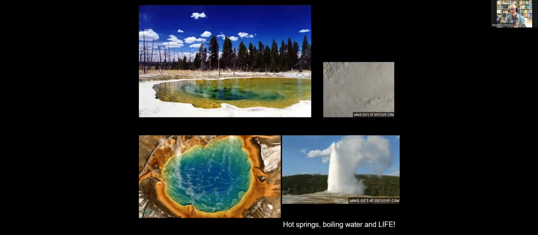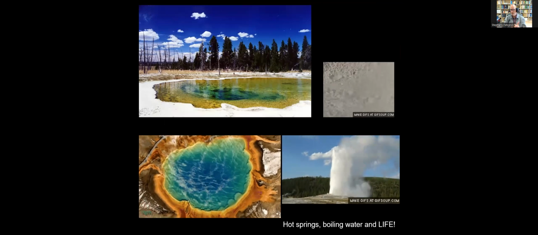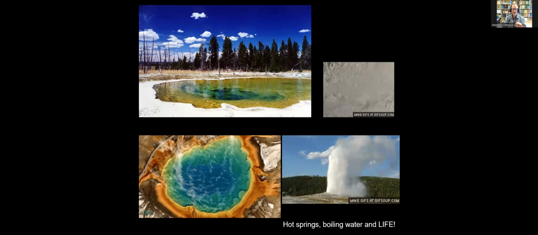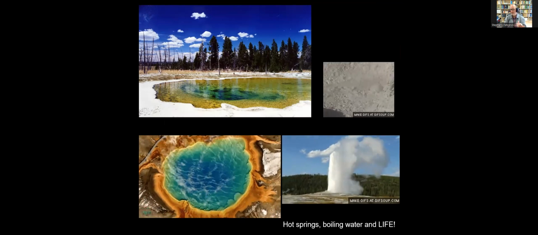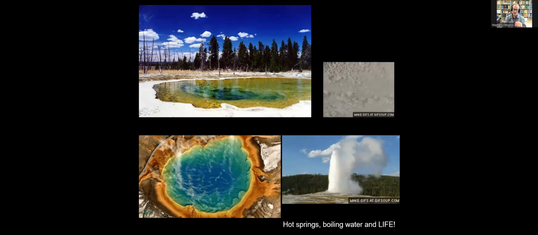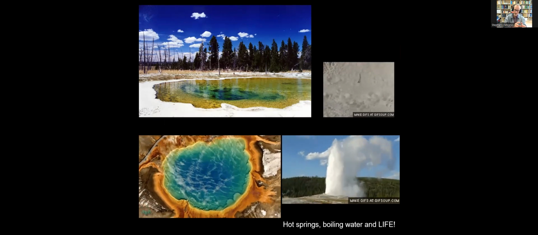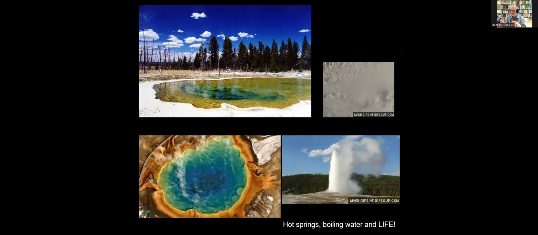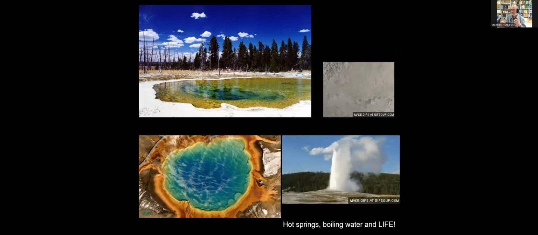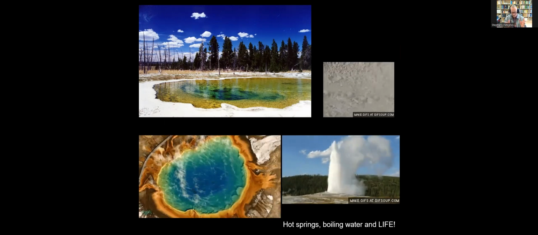Hot springs, boiling water, very early types of organisms live in these places. And as we discussed in the previous course, in order for us to understand life, we have to understand the planet and how Earth has evolved and how the planet and life have co-evolved.